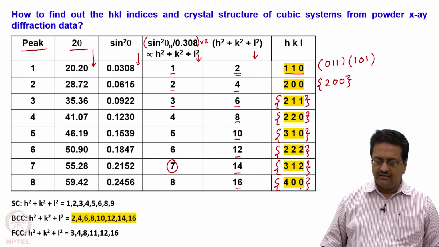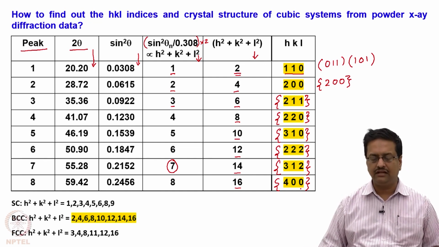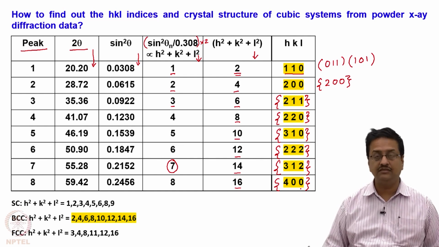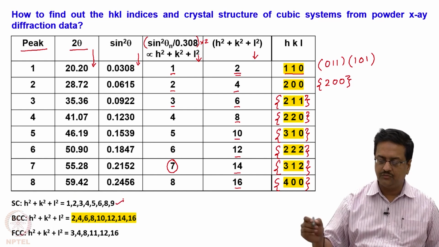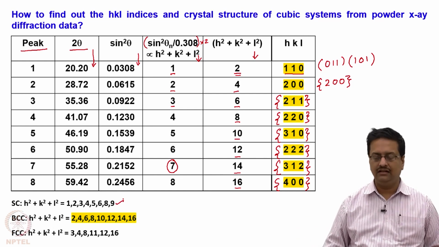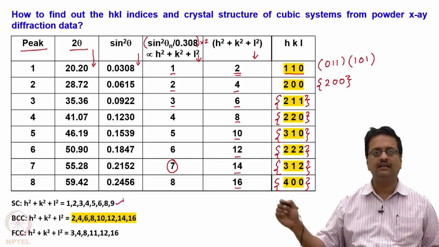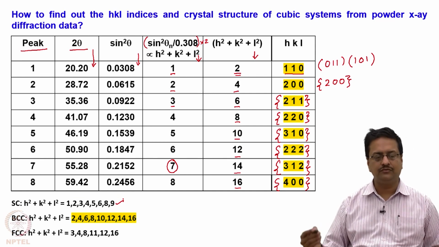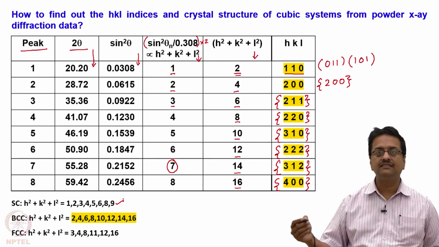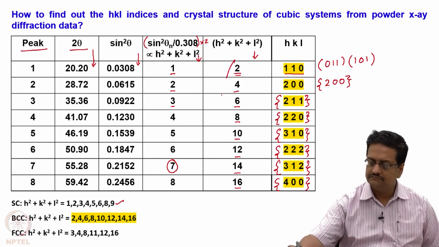For the time being, make a note that for a simple cubic system, the combination of H, K and L, h square plus k square plus l square, should be equal to 1, 2, 3, 4, 5, 6, 8, 9 and so on. For a body-centered cubic lattice, it has to be 2, 4, 6, 8, 10, 12, 14 and 16, which is the case here.